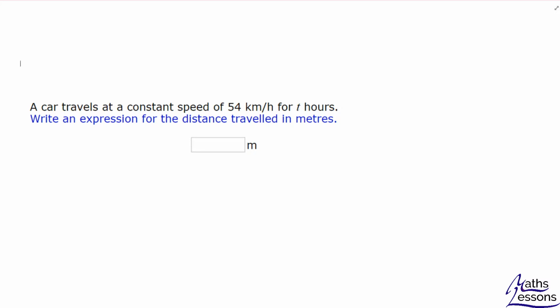Okay, so here we go. We've got a car that travels at the speed of 54 kilometers per hour. Write an expression to find the distance traveled in meters.